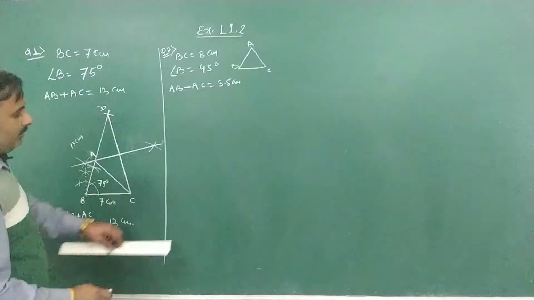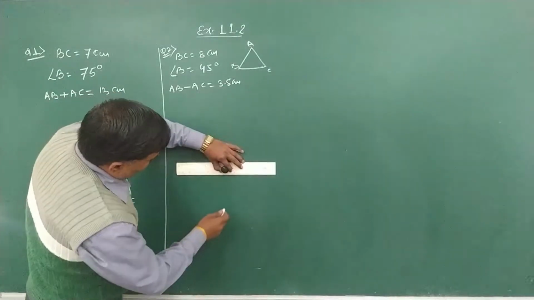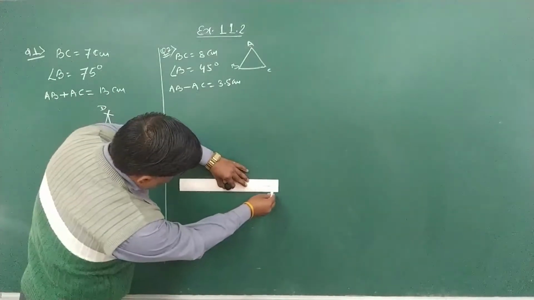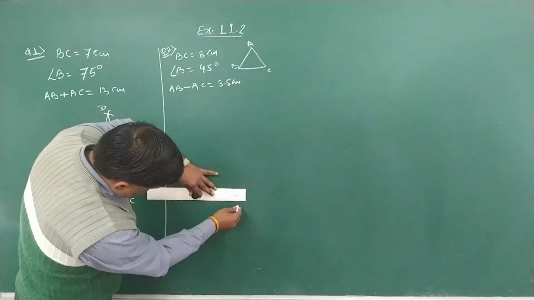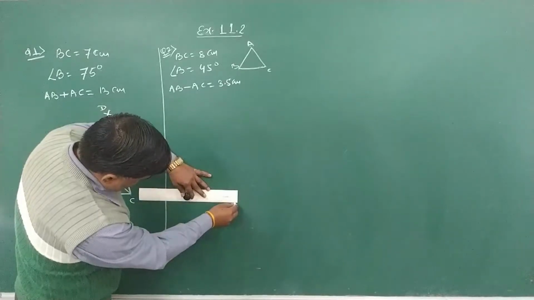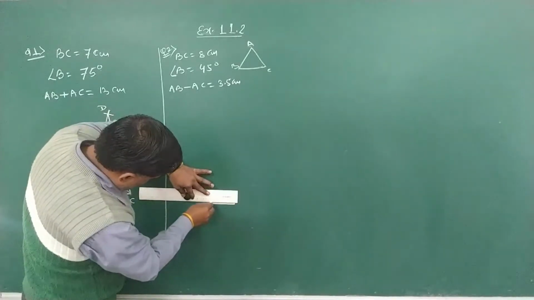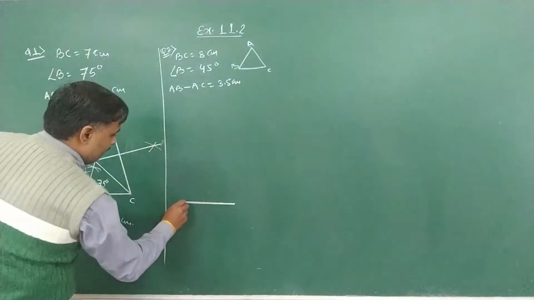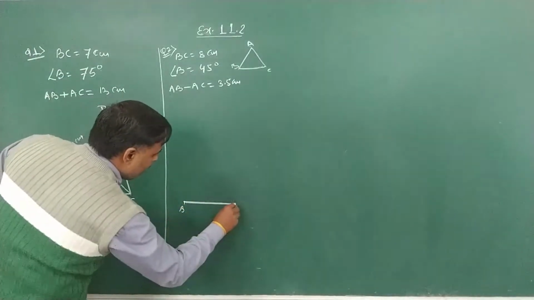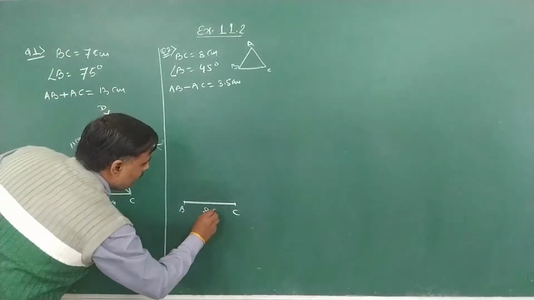First we draw the base, 8 centimeter. And this is your BC, B and C, 8 centimeter.